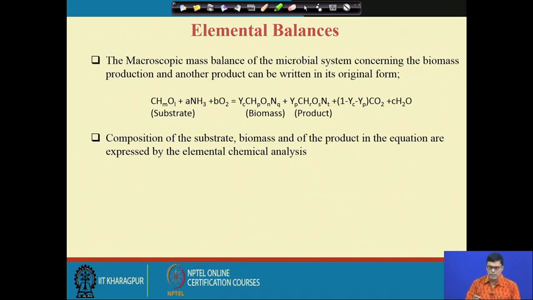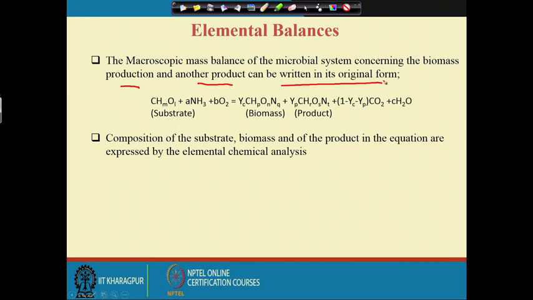Now, let me show you the macroscopic biomass balance of the microbial system concerning biomass production and another product, which can be written in the original form. When you write any kind of stoichiometry of a bioprocess, it is essential that we have some preliminary information on the system. For example, suppose we want to produce Baker's yeast.